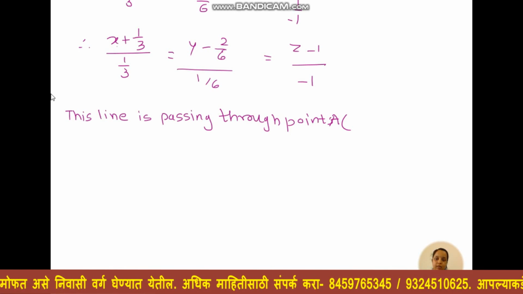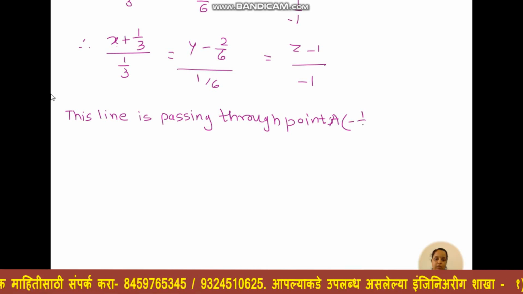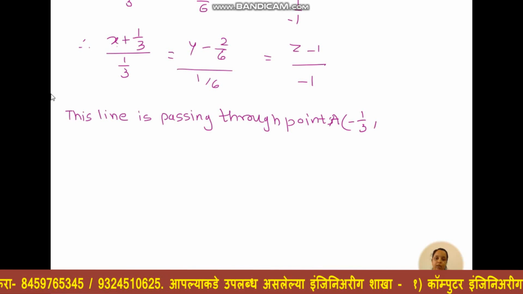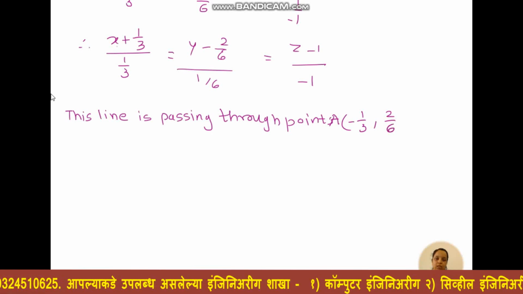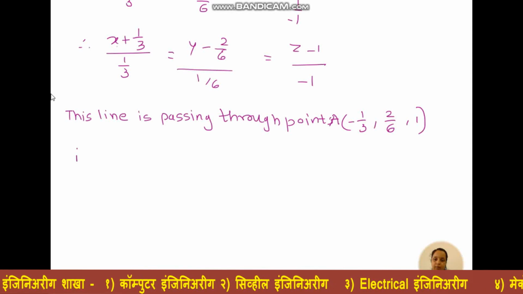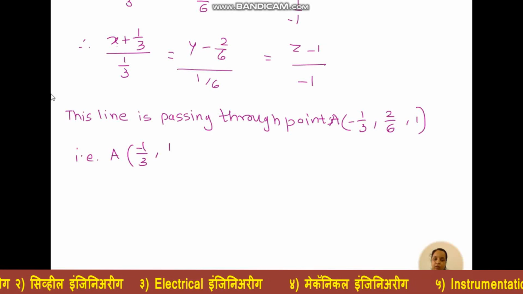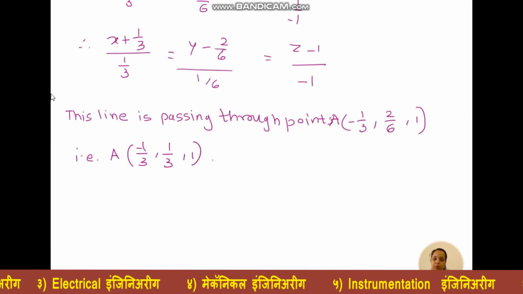For x, here no minus sign is present, so here we write minus 1 upon 3. Here it is 2 upon 6 and here it is 1. That is, A is minus 1 upon 3, 1 upon 3, 1.